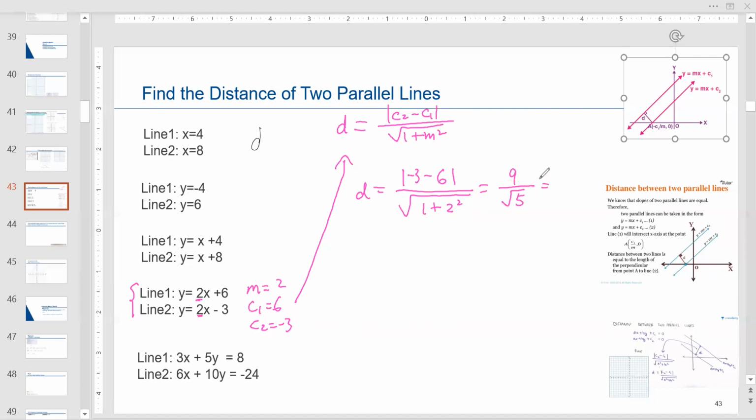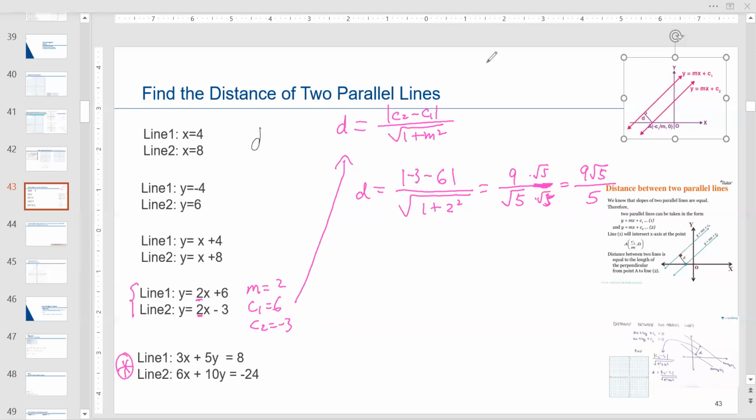So you can multiply both top and bottom by square root 5, so you get a nice result. See, it makes it easier, right? All right, see this example now.